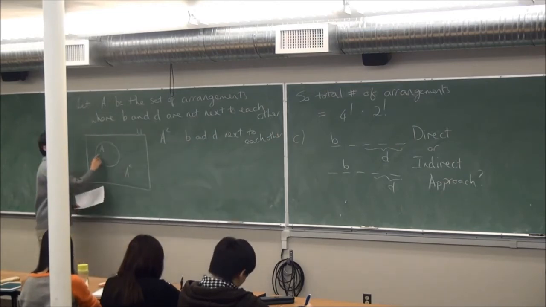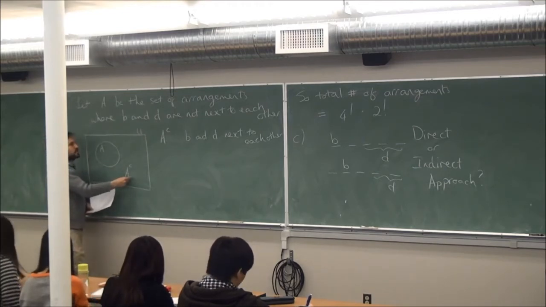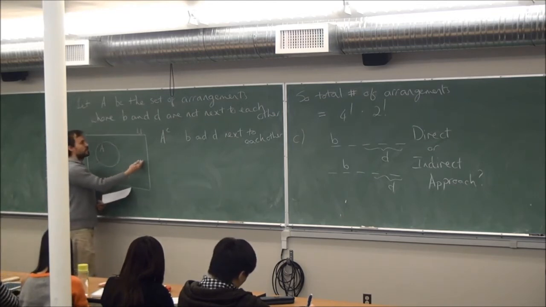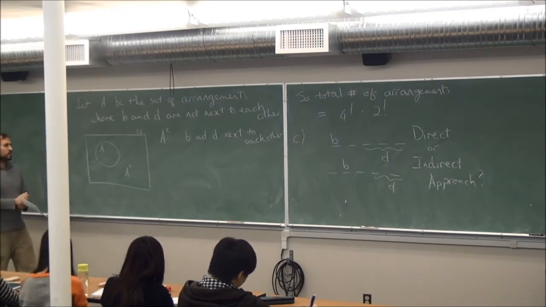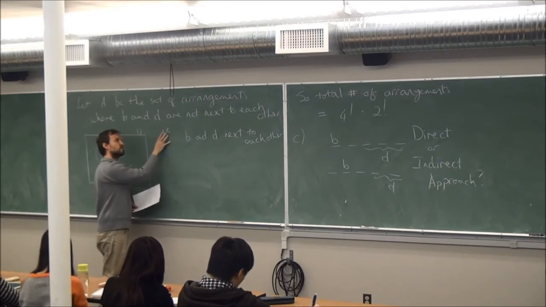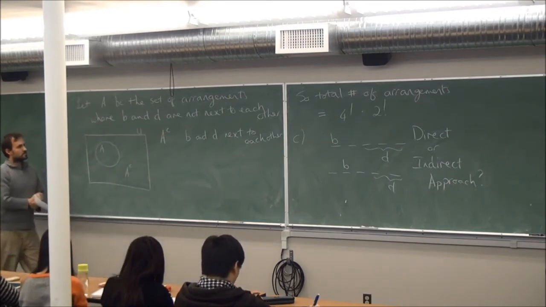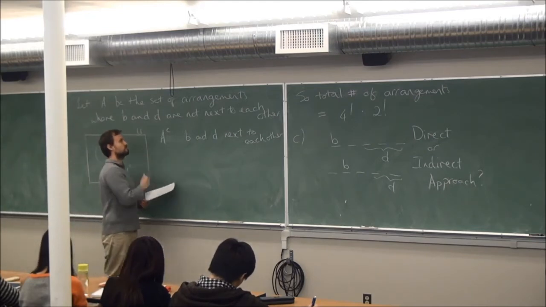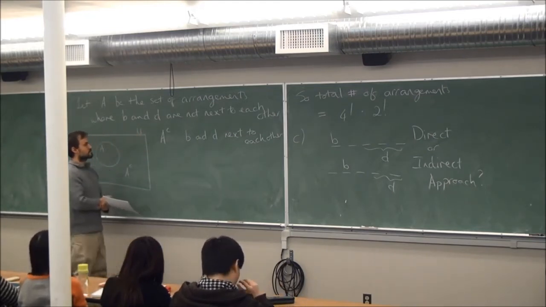So if A contains all the arrangements where the B and the D are separated, A complement has to be everything else, and everything else is where they're together. But it's good to be aware of it. What does this represent? Say it to myself, maybe write it down to make it more clear.